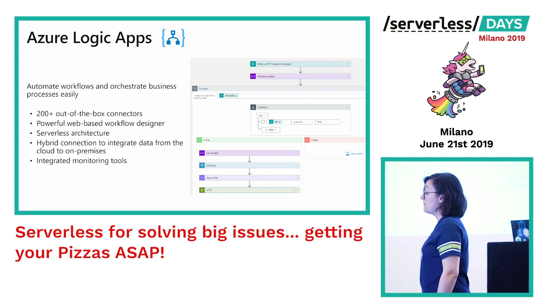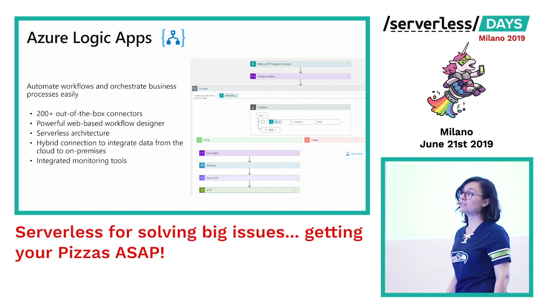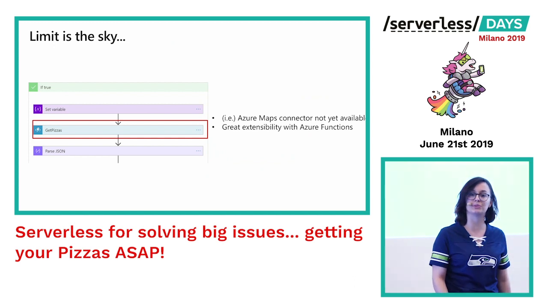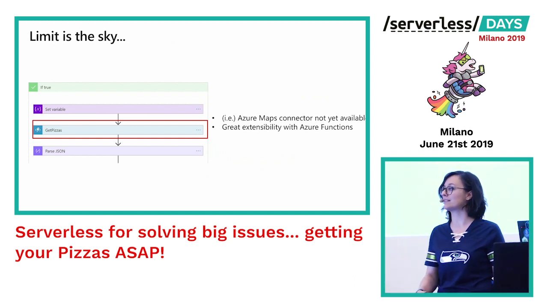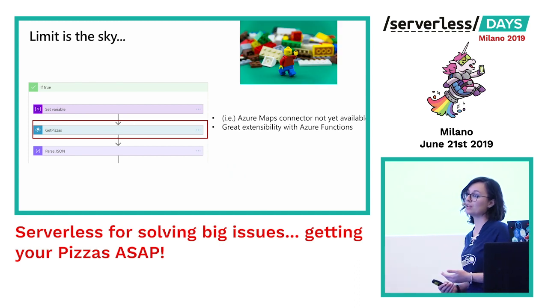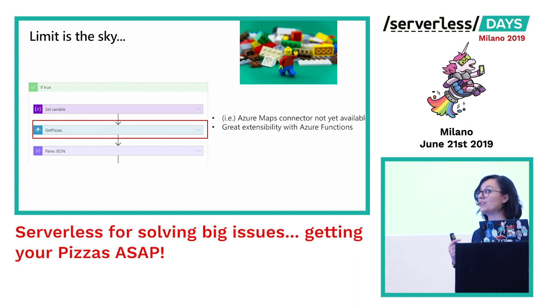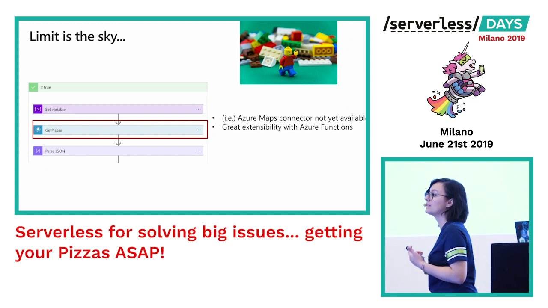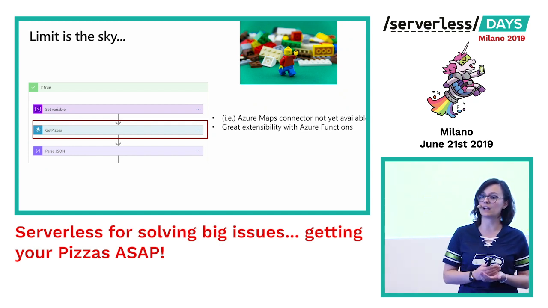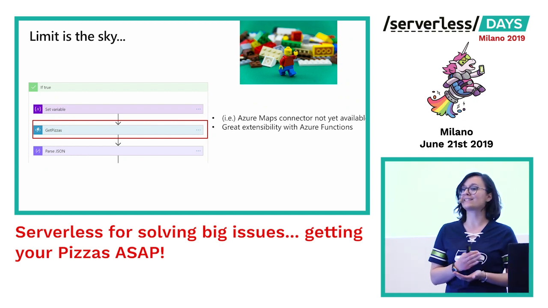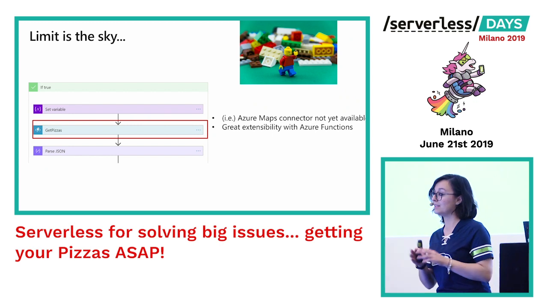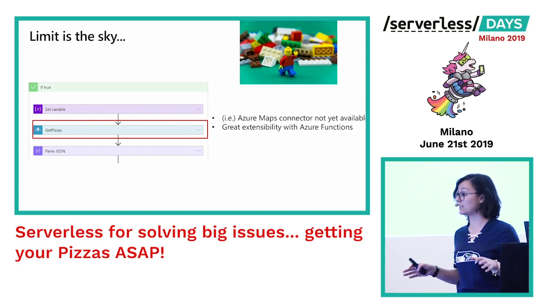As I said before, you don't need to add any line of code, but you have to keep in mind that in this case the limit is just your imagination, because you have to think of this service like a puzzle. So if the scenario needs that, you can extend it with an Azure function, for example, to keep the entire architecture serverless.